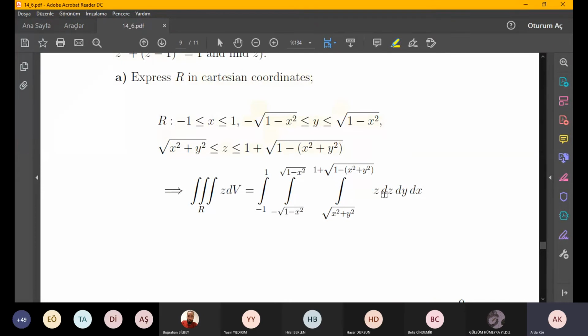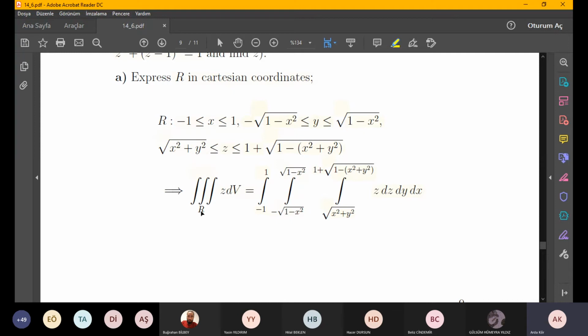You start by writing the limit of integration with respect to z, then with respect to y, and then with respect to x. So this will be the triple integration of the function z over R in Cartesian coordinates.